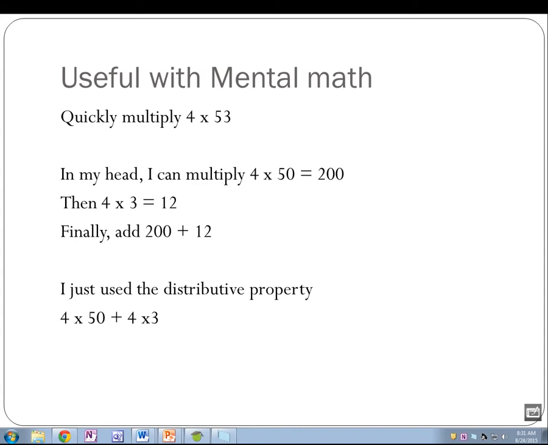So we have the 200, then you add the 12 more, and it's 200 plus 12. So in your head, what you just did was 4 times 50 plus 3 times 4, and you'd be able to get right at the top of your head 212. You could really impress some people with that. It'll really help your multiplication facts when you have 2-digit numbers and 3-digit numbers being multiplied by 1-digit numbers.